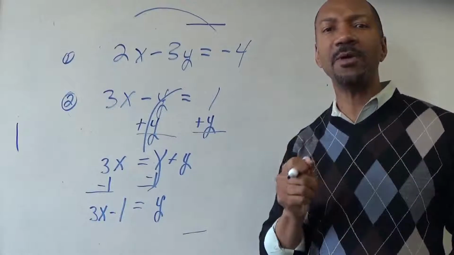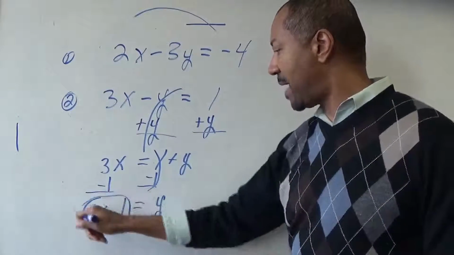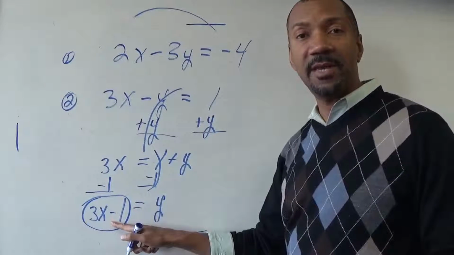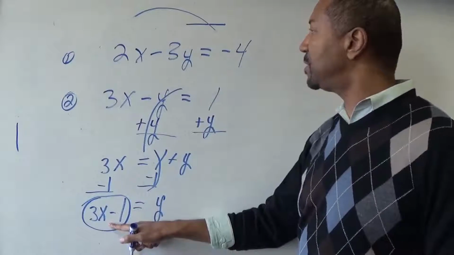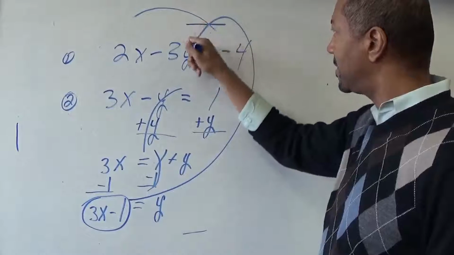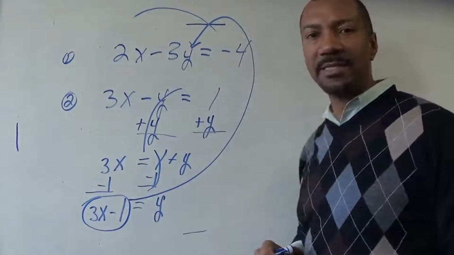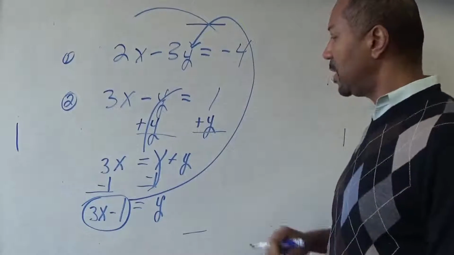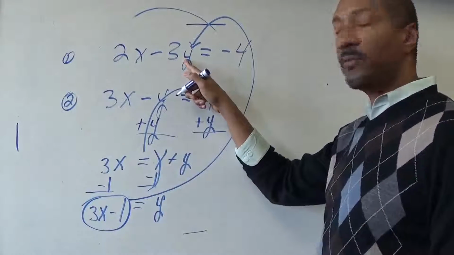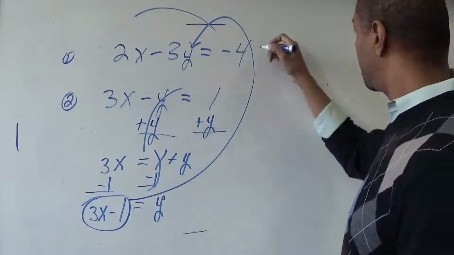Okay, so now that we know what y is equal to, here we are, this is y. Let's take this and substitute this into the y in equation 1. So we'll go ahead and draw a line here to help us focus and not plug this into the wrong place. So we're going to plug this into the y in equation 1, and let's rewrite equation 1, making the substitution.